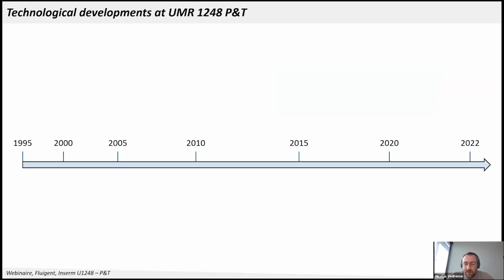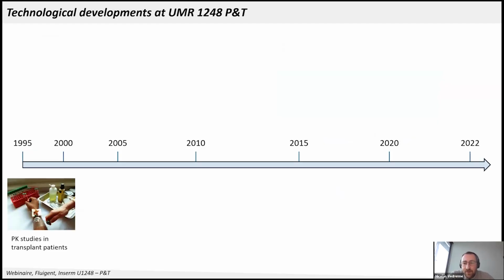Our unit was founded in 1995 with a strong focus on pharmacokinetic study in transplantation patients. Pharmacokinetics, or PK, is essential for understanding the concentration of immunosuppressive drugs in each target organ and for optimizing therapeutic exposure. Over time, the team developed innovative PK models that enable accurate AUC estimation and individual assessment of drug behavior in transplant recipients.